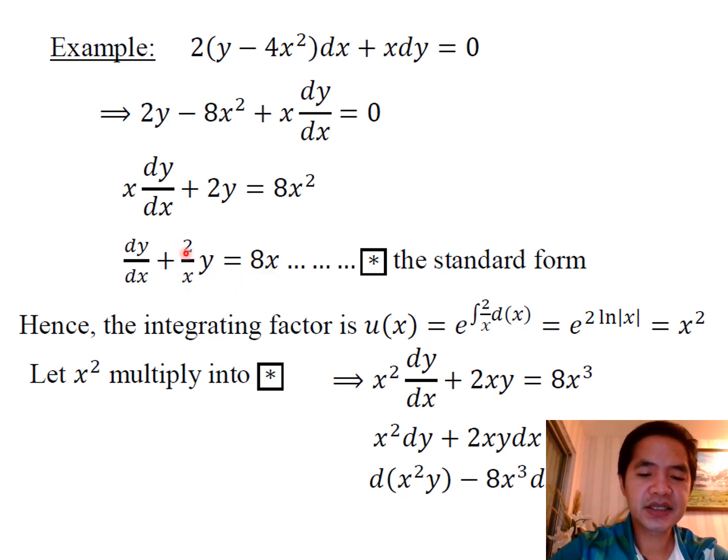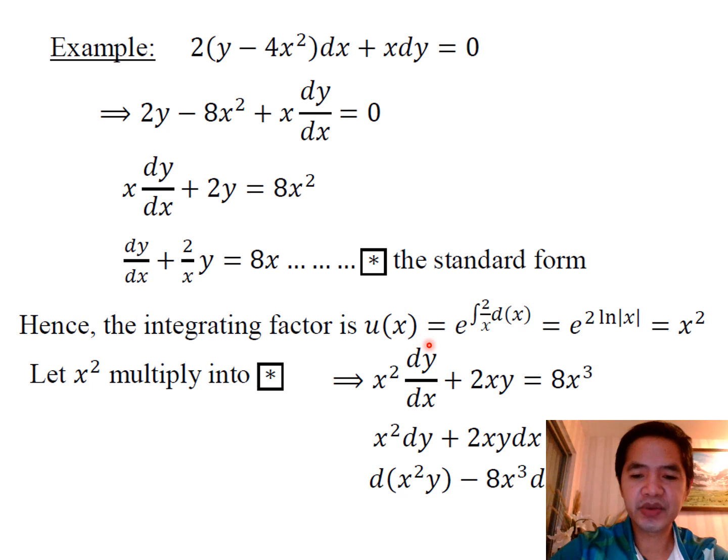Okay, 2 over x here is the p(x), right? And 8x is q(x). Now just take this 2 over x and find the integrating factor.